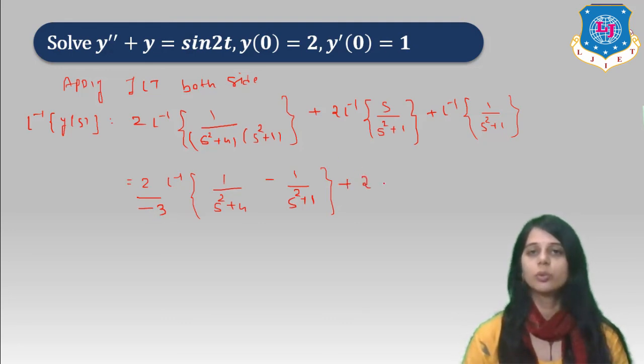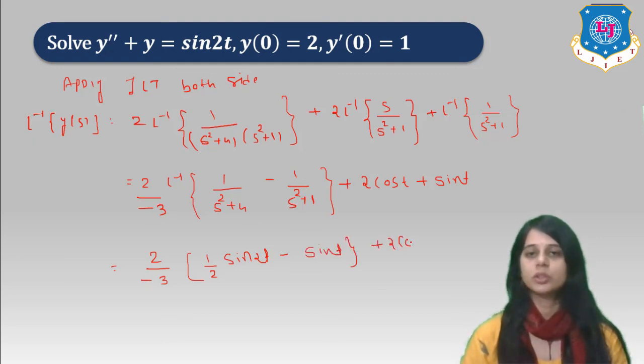Plus 2 cos t plus sin t. Now 2 upon minus 3, inverse of this is 1 by 2 sin 2t, minus inverse of 1 upon s square plus 1, so it is sin t, plus 2 cos t plus sin t.